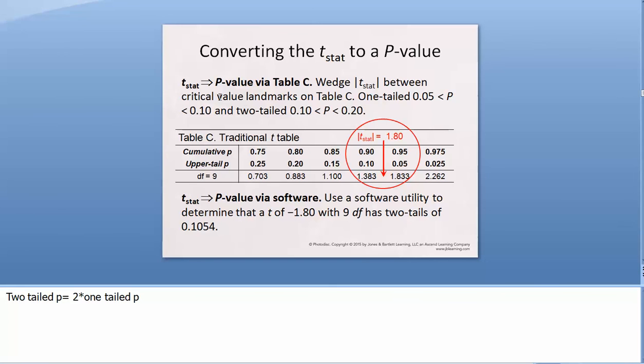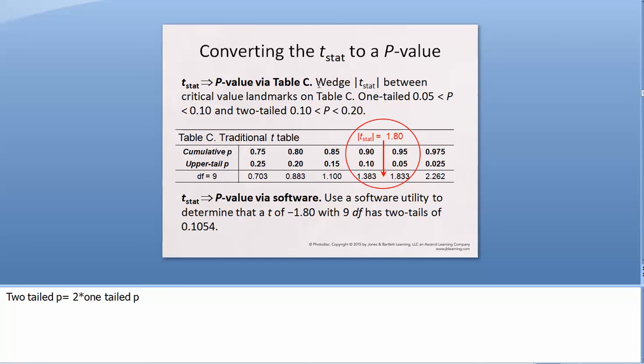Okay, so what you do to get the p-value, if you have the t-statistic, is use a table. Now see, they give the p-values or the probabilities only for certain values, right? And so degrees of freedom 9.